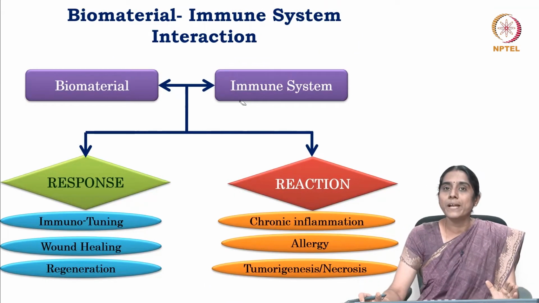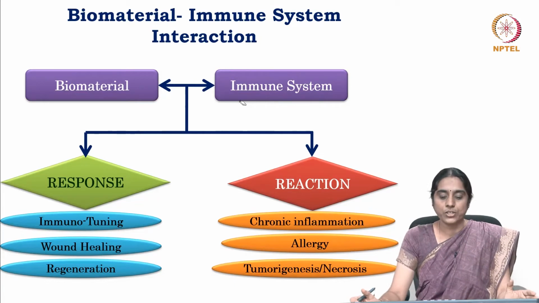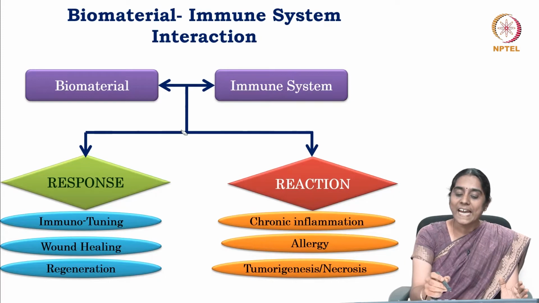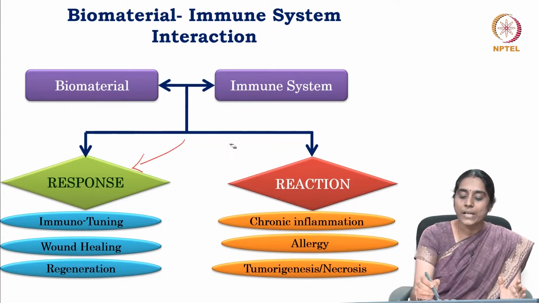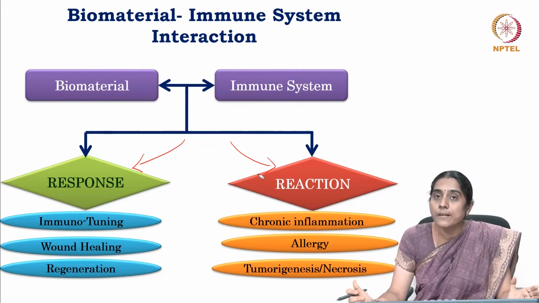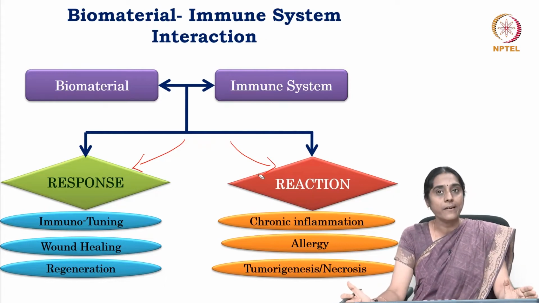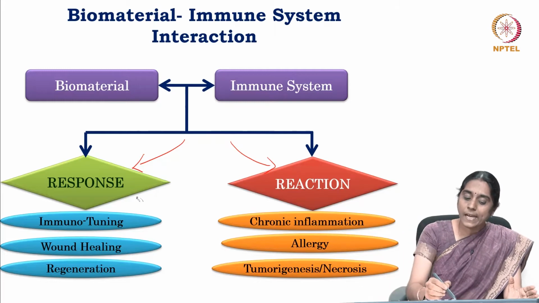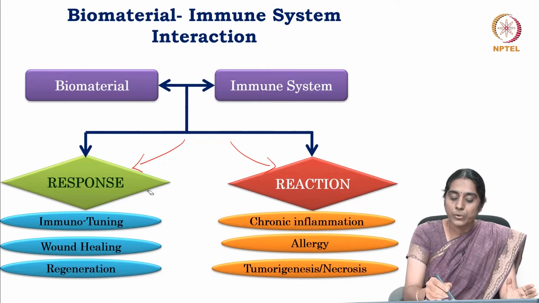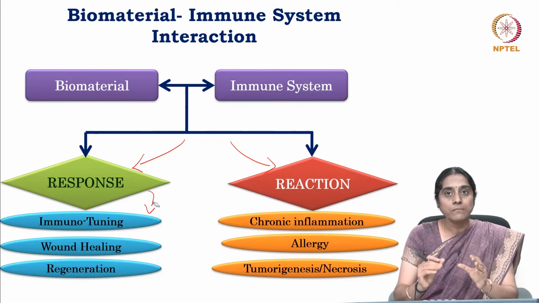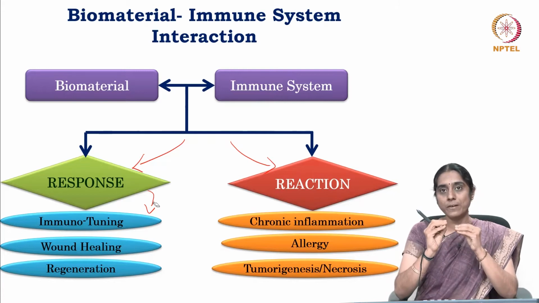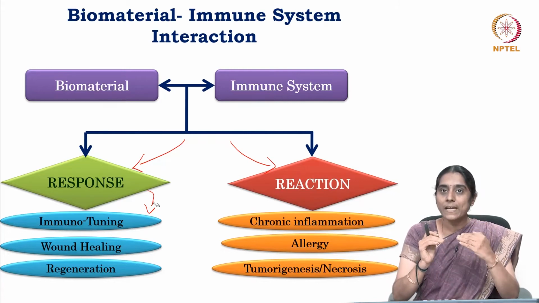So with biomaterials, how is the interaction? So you can see here in the slide that the interaction can either lead to a response or it can lead to a reaction. So what is the difference between the response and the reaction? In case of response, what we ideally require is immunotuning, which will elicit a type of inflammation, but that has to be converted.